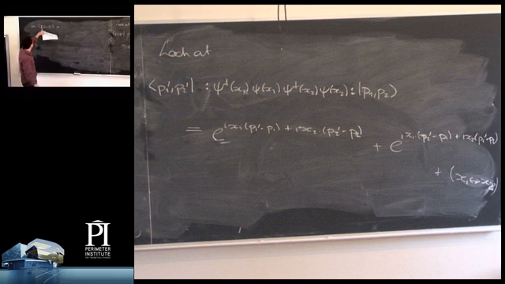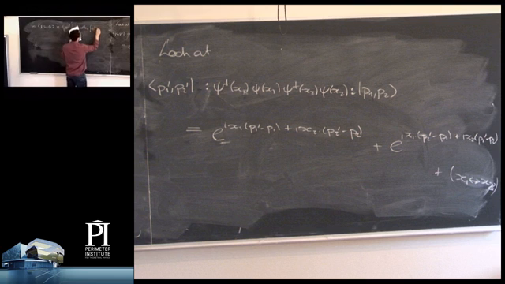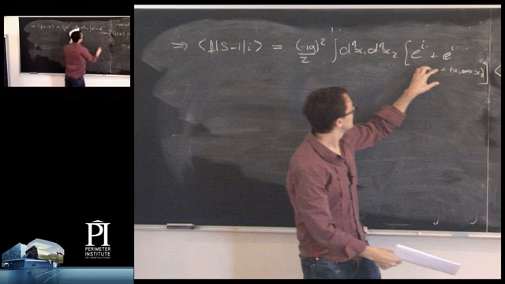Plugging all this in, if we compute the amplitude for this initial state to go to the final state at order g squared, what we get is minus i g squared over 2 times the integral over d4x of all of these exponentials plus the x1 minus x2 terms, times the propagator.